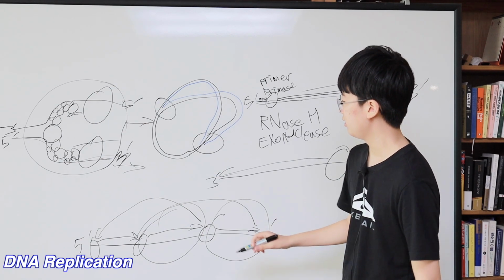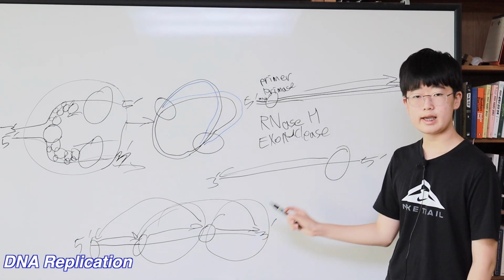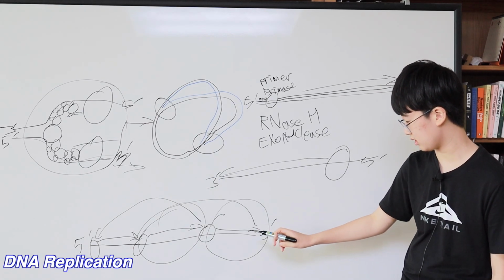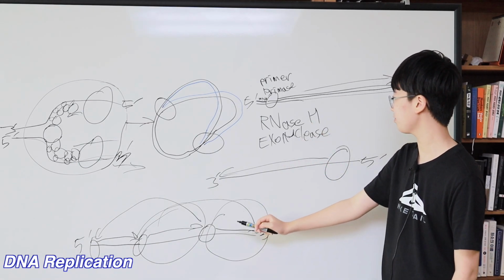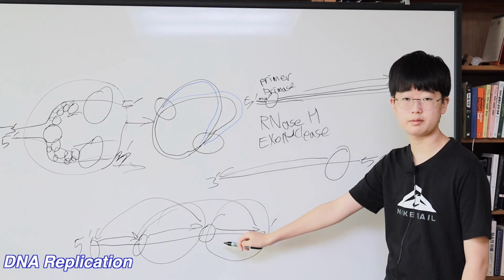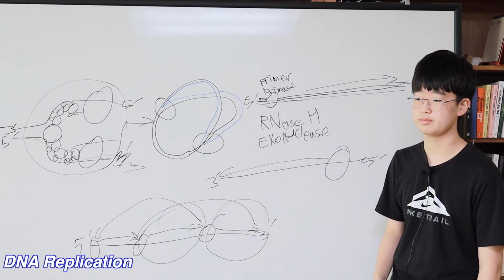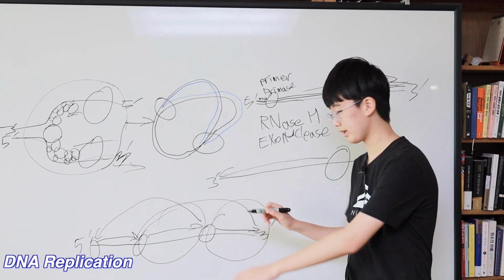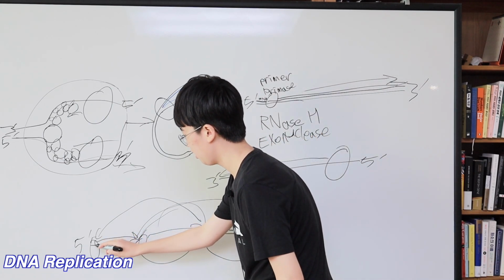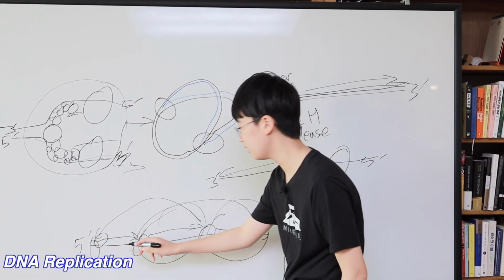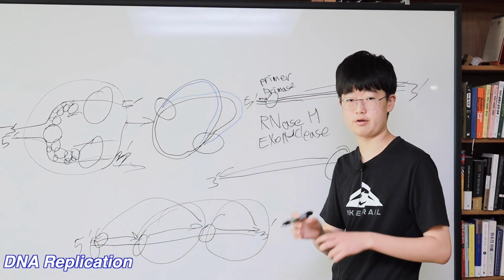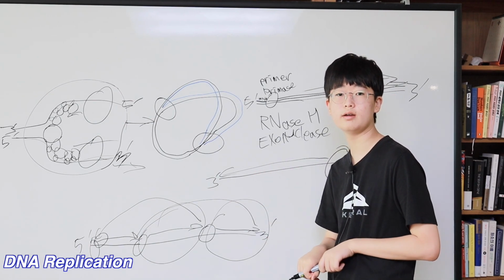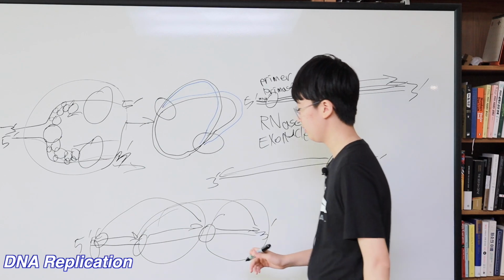And now what about the lagging strand? At the start of every Okazaki fragment, there would have to be an RNA primer. So on the lagging strand, it is short RNA. The RNA primers are very short, like 3 to 10 nucleotides long. Very, very short.